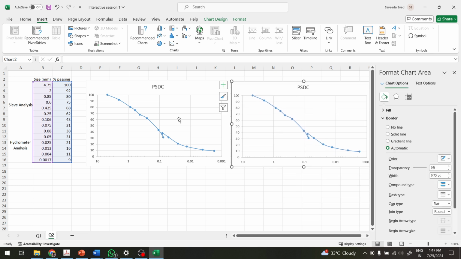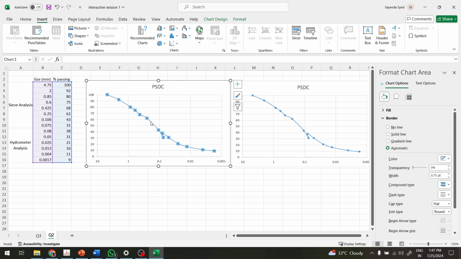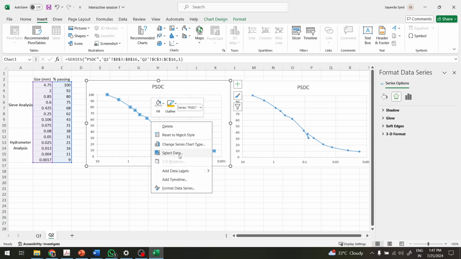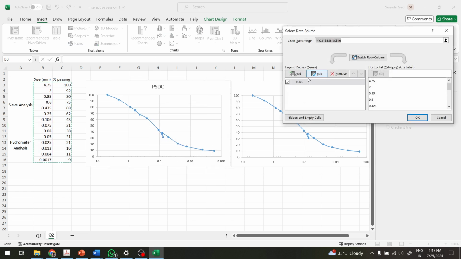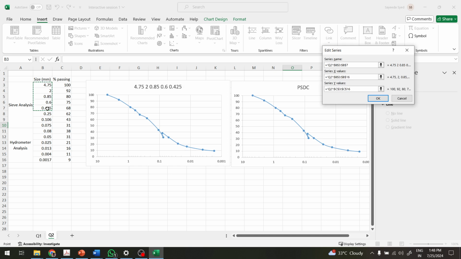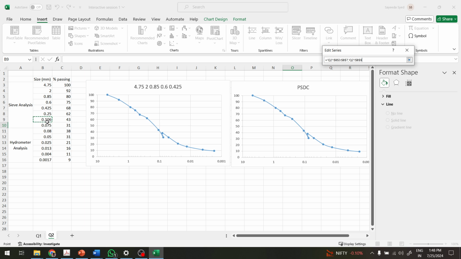So in the first graph, let's skip this point. This is 0.075. And this point, this is 0.25. So what we can do is edit: 0.25 we don't want, and 0.75 also we don't want.